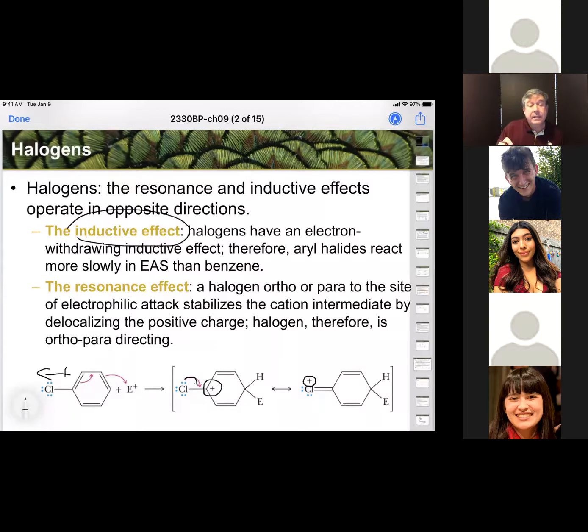So by resonance structure, it has a 4th resonance contributor, making it an ortho-para director. Okay, but inductively, it's not putting electron density into the ring, therefore it deactivates it slightly. So it's the only one that does both. So make sure that you keep track of that.